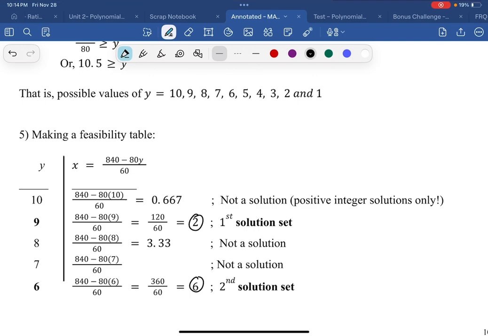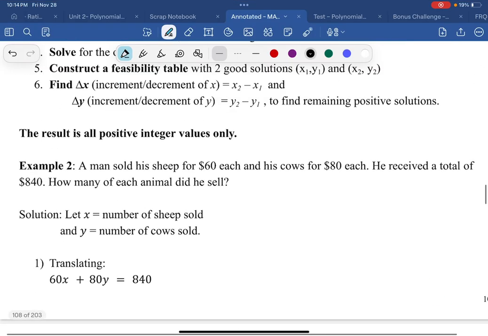If I plug in a 10, I get a fraction. When I plug in a 9, I get a whole number. So that would be 2 sheep, 9 cows. Pretty sure sheep was the x.